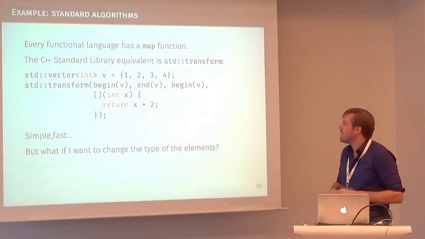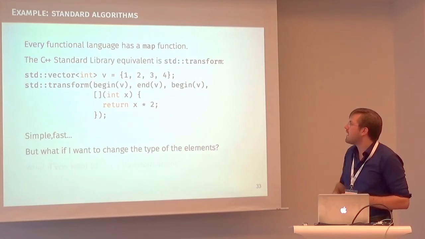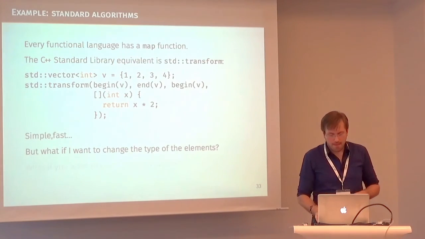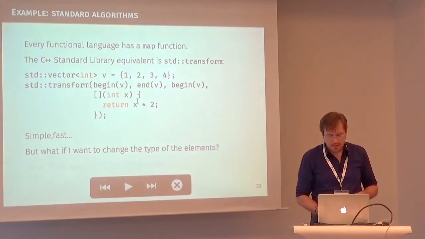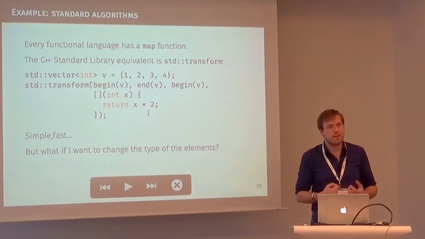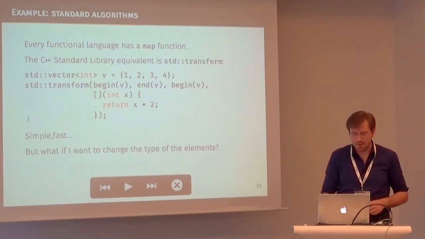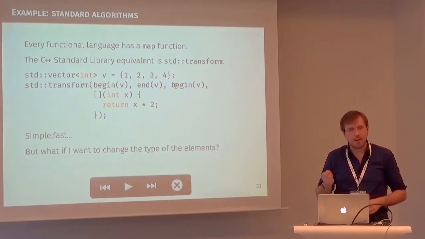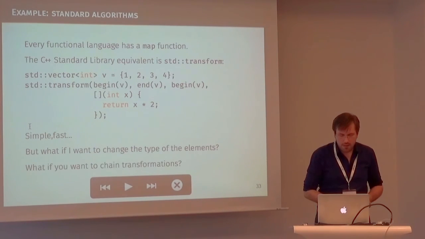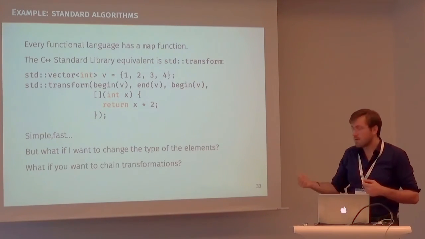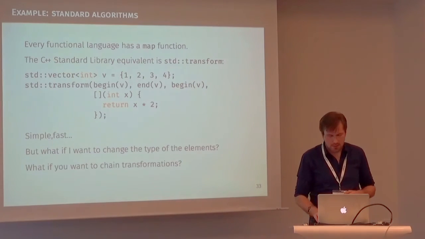What happens if I have to change the type of the result? That is, I suddenly return something different than an integer, so I can't write the result into a vector of integers. Or what if I want to chain more than one of these transformations? What happens?